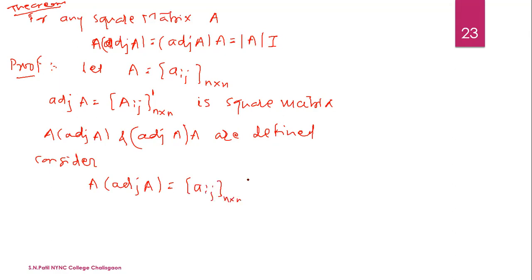And its product with the adjoint of A. Adjoint of A means what? Aij and its transpose, whose order is also n by n. Now I will take this in the next step.